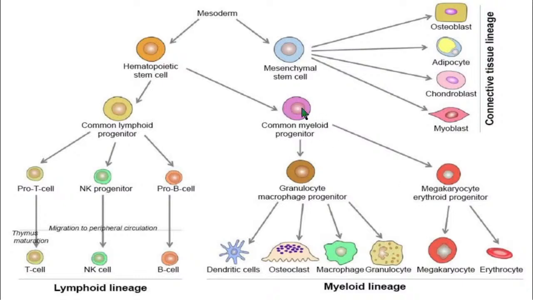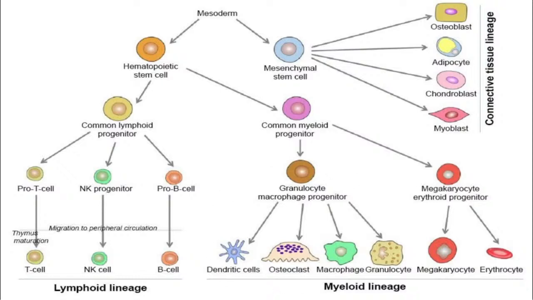These progenitor cells give rise to the erythroid line, megakaryocyte and erythroid progenitor. Also we have erythrocytes, red blood cells, the erythroblastic lineage, and megakaryocyte, which is platelet formation.